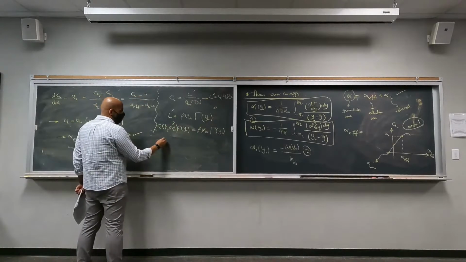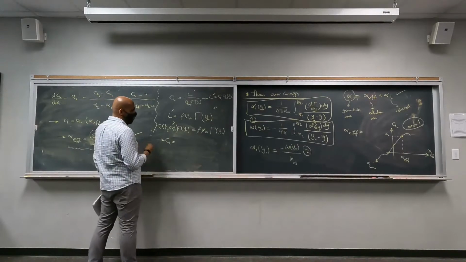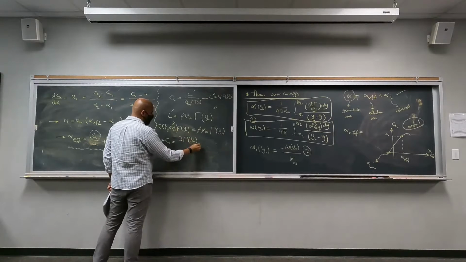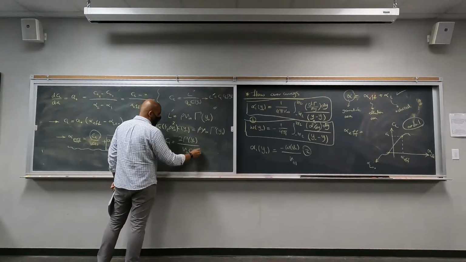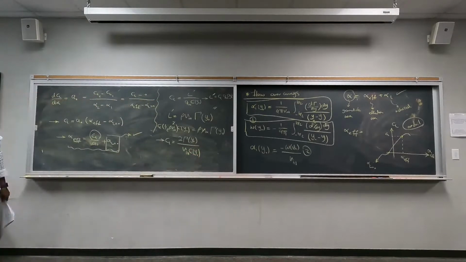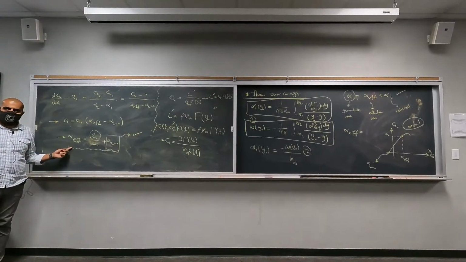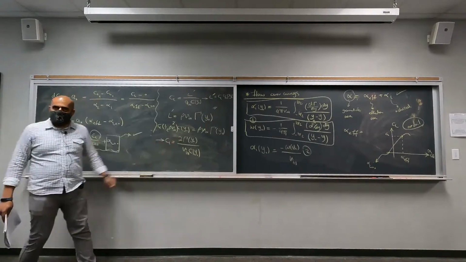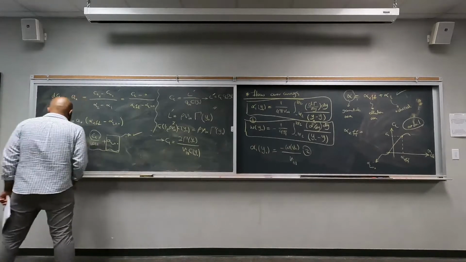So we can write CL as 2 circulation divided by V infinity chord length. So what have we done? We have found the dependence of your effective angle of attack on circulation. We're going to replace it here to get the final equation.